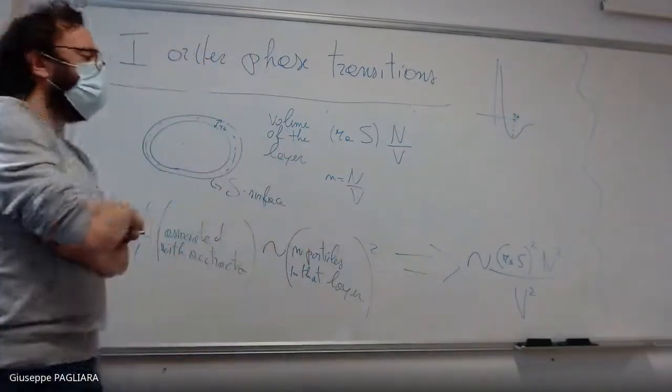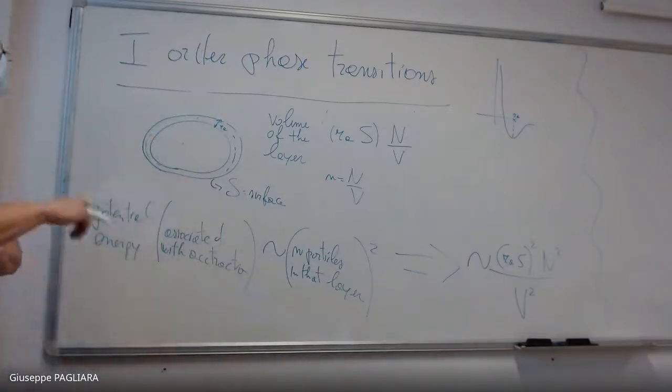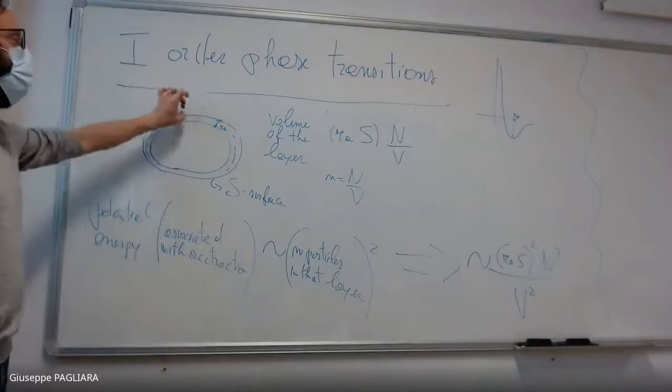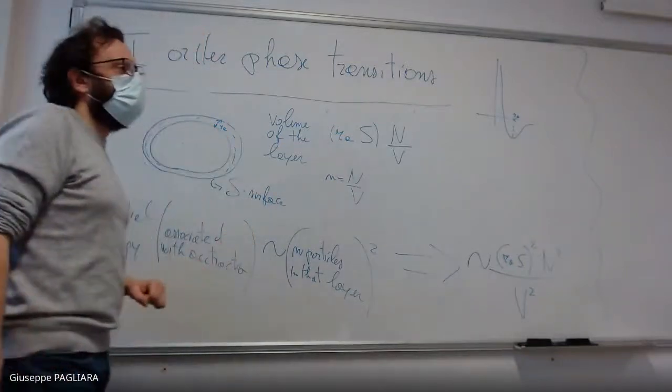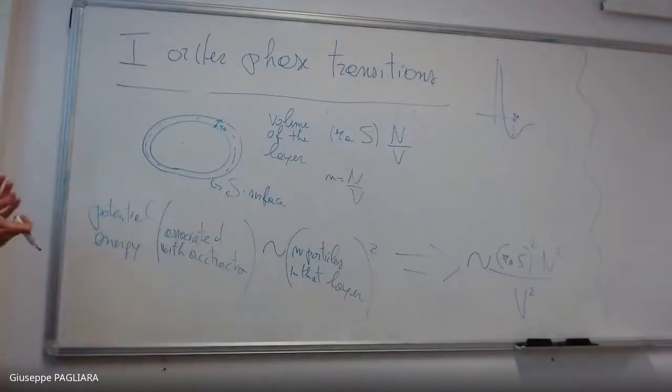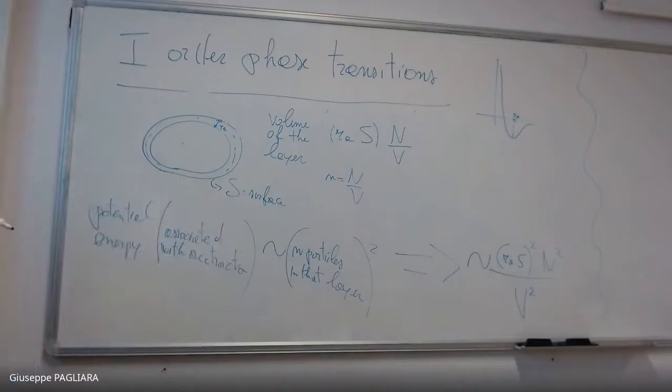And the way we reduce the pressure is to count the number of particles that are interacting within this layer of scale RA, close to the surface of the box. This is reducing the pressure that the gas is exerting on the box.